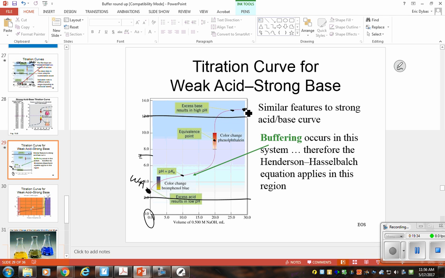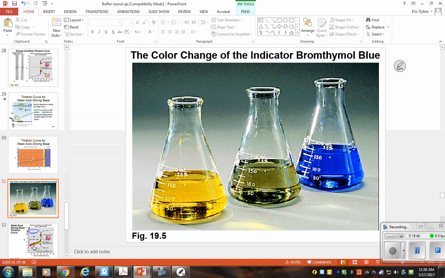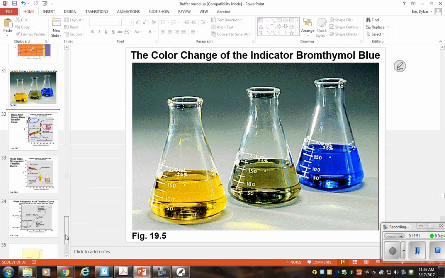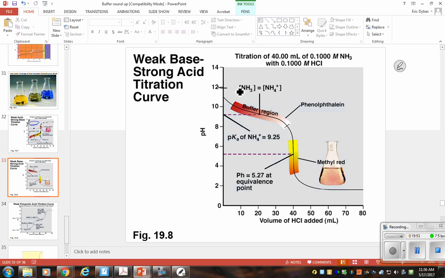Look at the next one. If it's a weak acid, its pH is going to be above 7 at equivalence. Hold on, let me show you this one. Look right here. Same thing, 12 and 2. Where am I starting? I'm starting right there. Is that a weak base or a strong base?